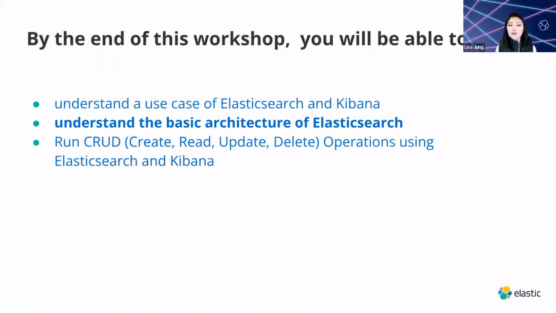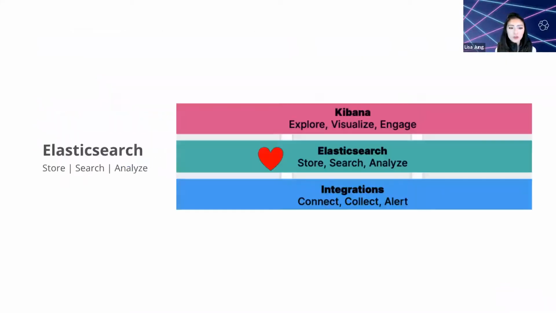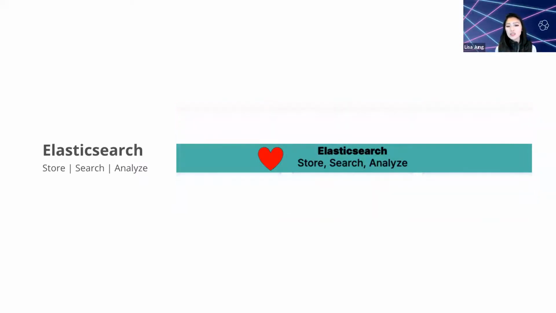Okay, so now that you understand when to use Elasticsearch and Kibana, we'll move on to the basic architecture of Elasticsearch. As you know, Elasticsearch, Kibana, and integrations make up the Elastic Stack. And among these, Elasticsearch is considered as the heart of the Elastic Stack, and it serves as a powerful search and analytics engine.